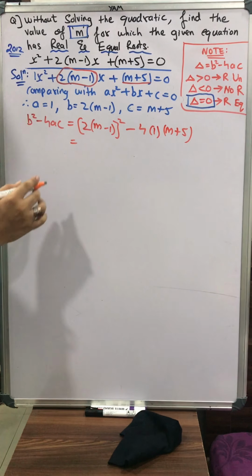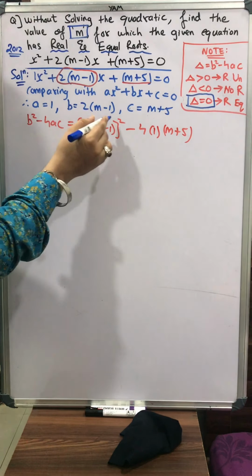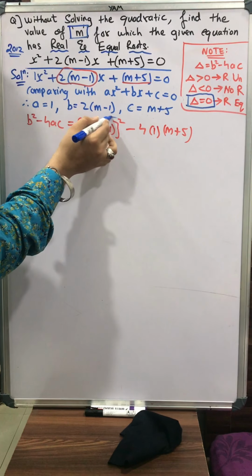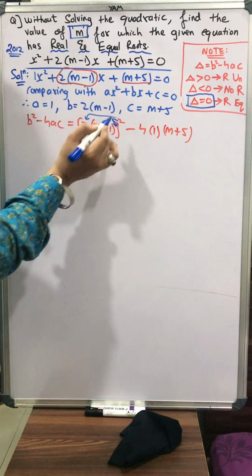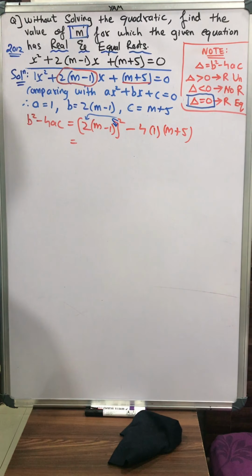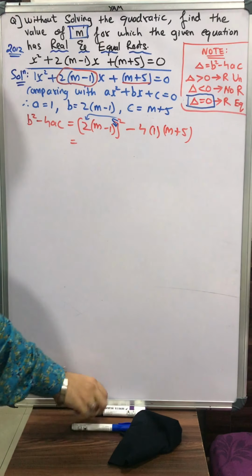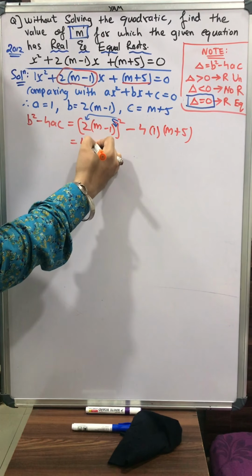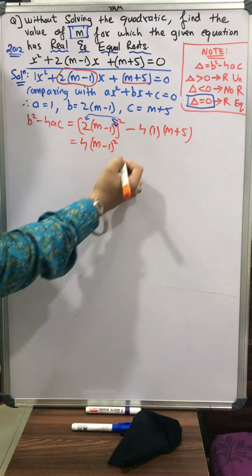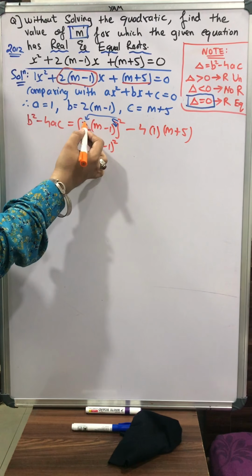Okay. Now students, pay attention here. This 2 will go as the power of this 2, as well as it will become the power of this bracket. So this 2 square becomes 4, and this will become m minus 1 the whole square, because this 2 will become the power of 2.